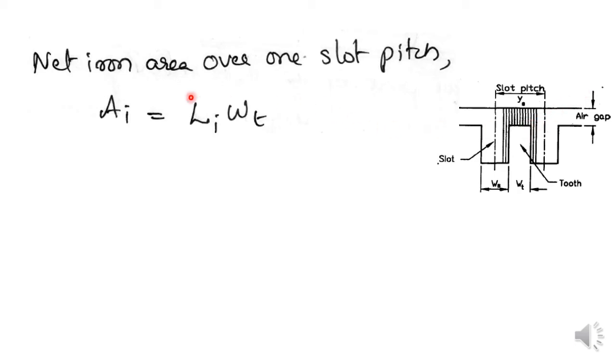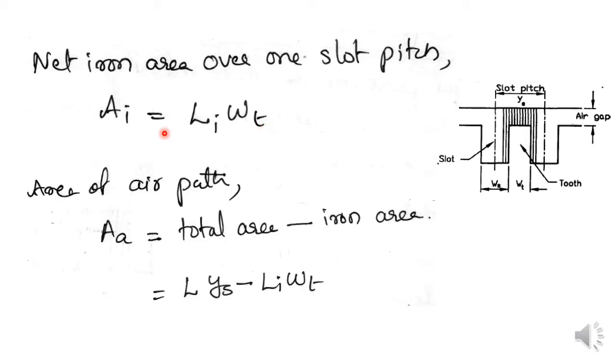But here we have to consider the net iron length of core into the width of tooth. And the area of air path is equal to the total area minus the iron area. Area of air path means the path of flux through air.